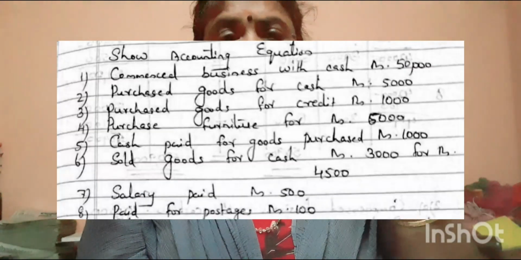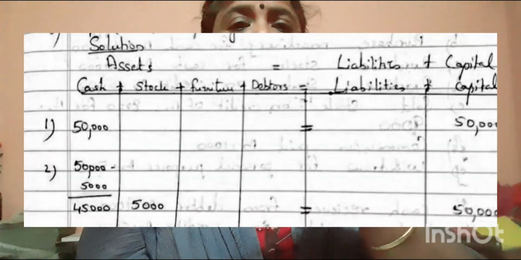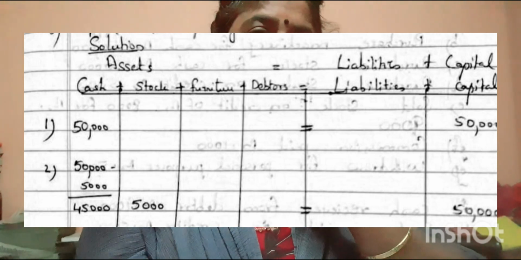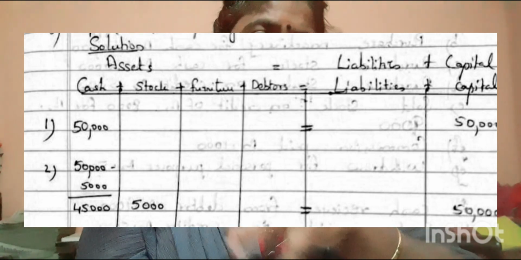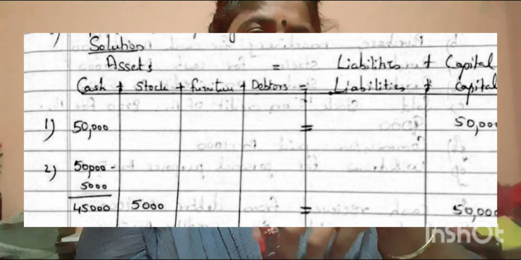Then second, purchase goods for cash rupees 5,000. Goods means stock. Stock is an asset. So we purchase goods for cash. In our hand, cash is 50,000. We take 5,000 for purchasing of goods.